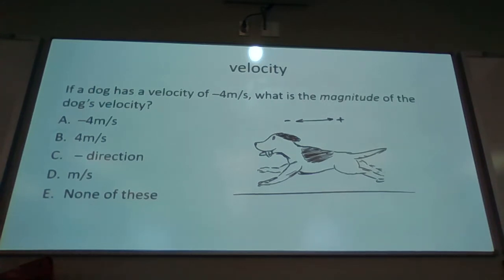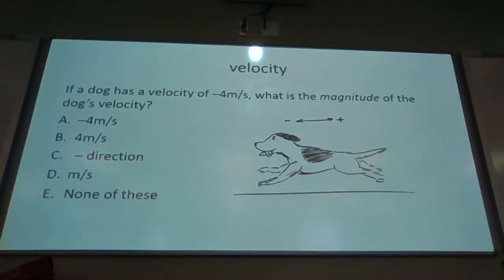If you see magnitude, that should make you happy because it's more general, it's less specific than velocity. All you're looking for is the absolute value. The magnitude is whatever the measurement is without the direction.